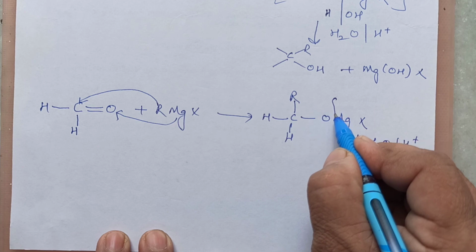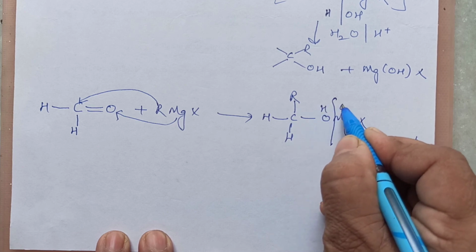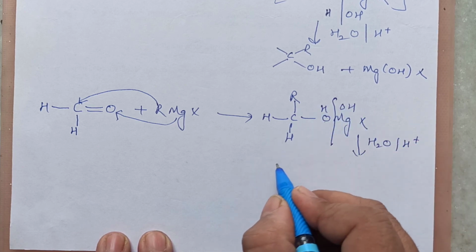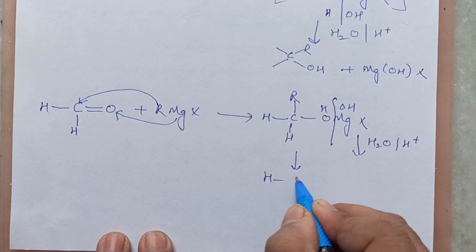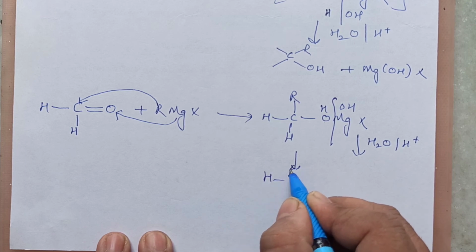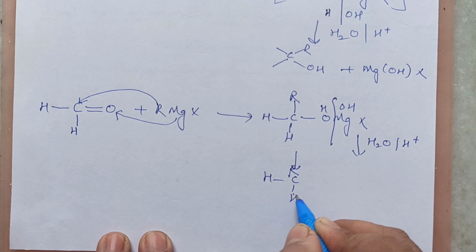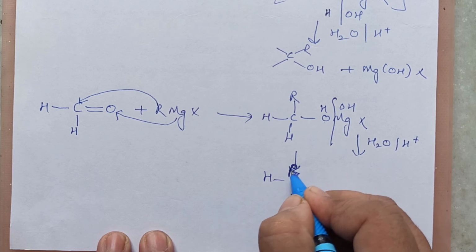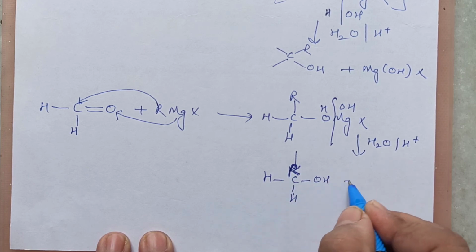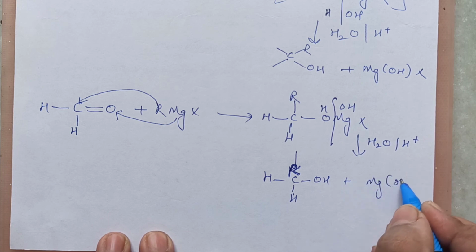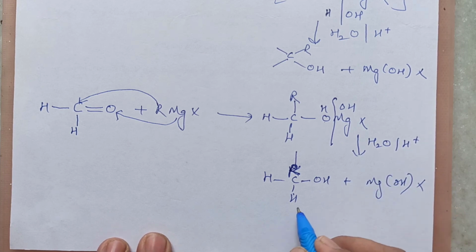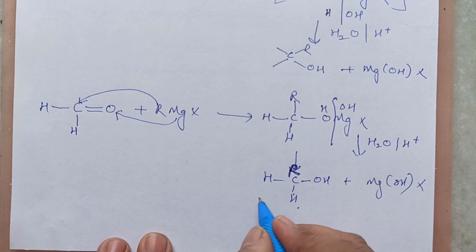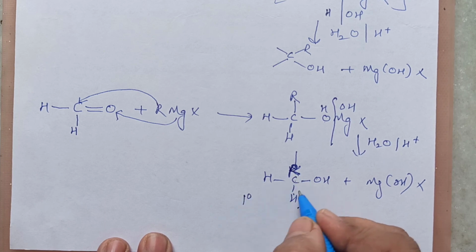So how does it break from here? H and OH. When H adds here, you are getting H, C, R on the top. This is H, this is R. And you get here OH plus MgOHX. So what are you getting here? This is a 1 degree alcohol, RCH2OH.